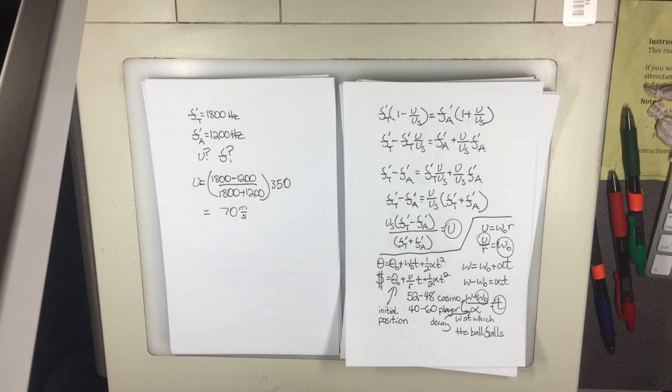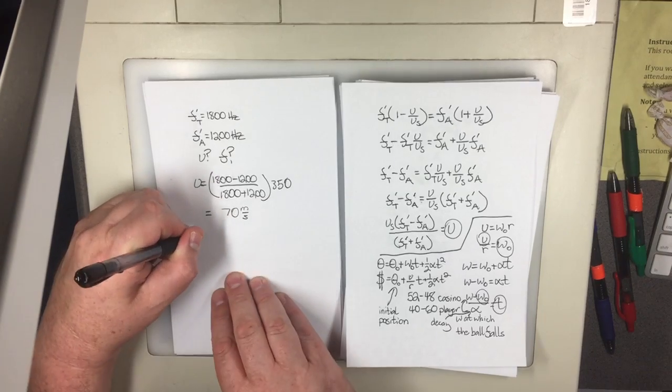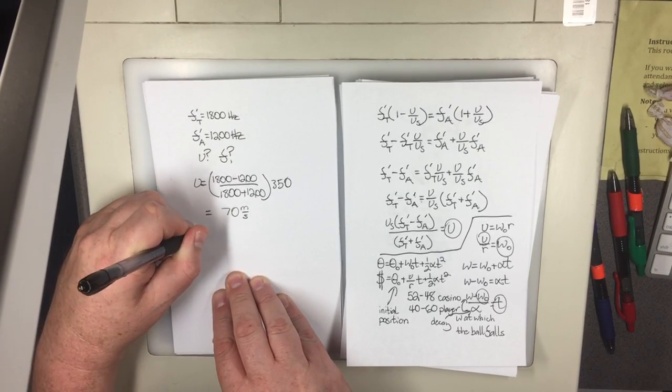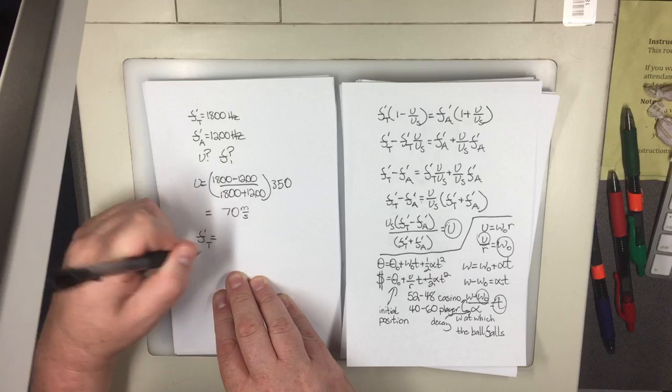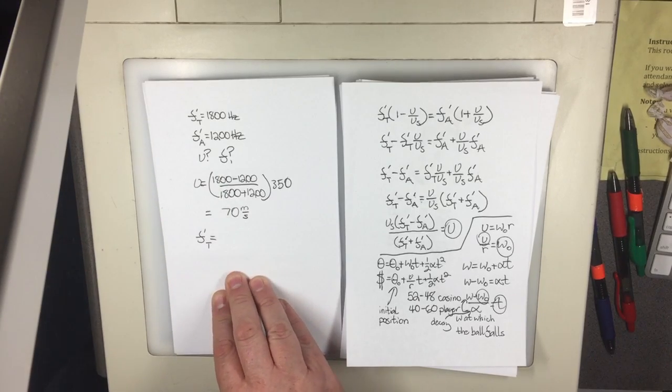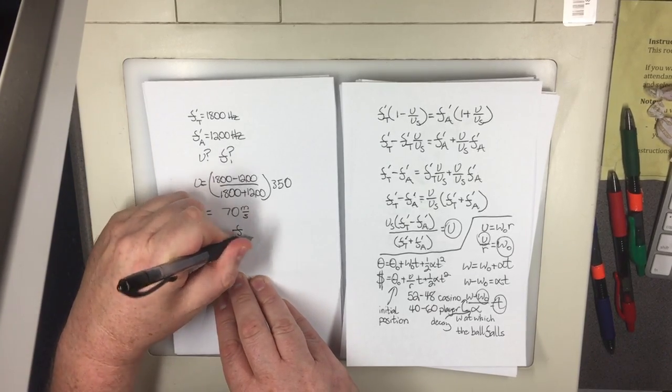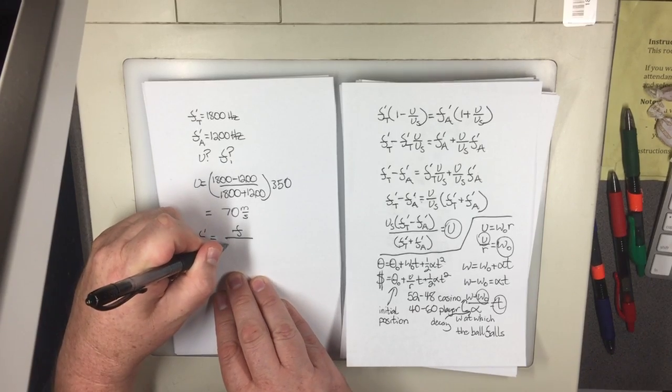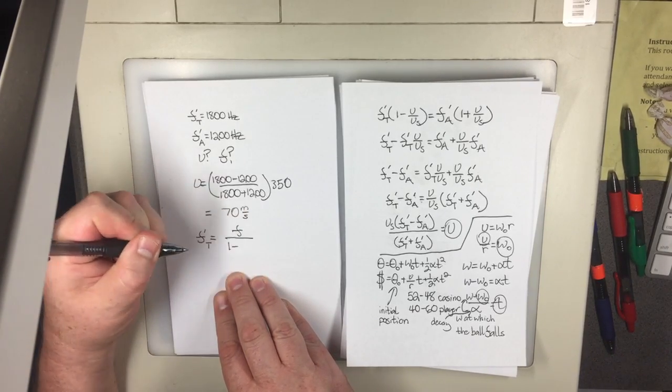Yeah. So Darrow's motorcycle is traveling at 70 meters per second. The frequency that you use, you can either use towards or away. In this case, I use towards. Why? I don't know. I just randomly picked it.